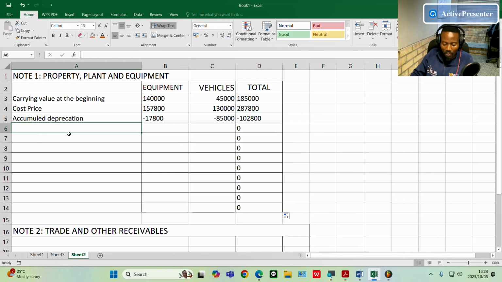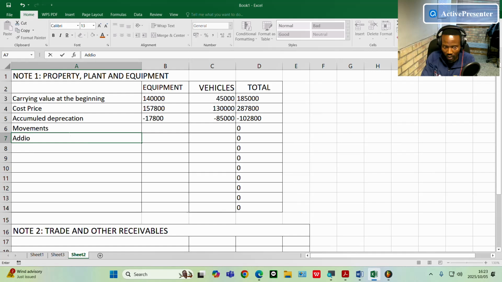Right. So now we are moving to the movements. So what happened during the year? There was an addition at cost. So these are the movements that you can have: additions at cost. You can also have disposals.